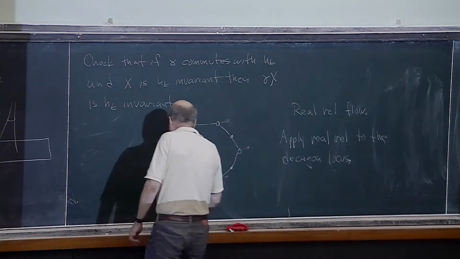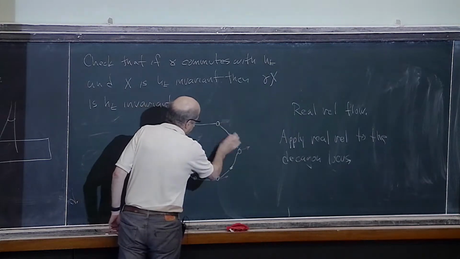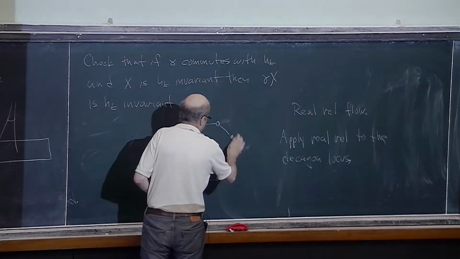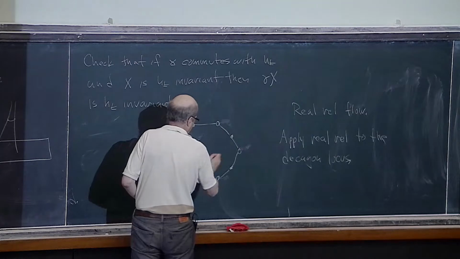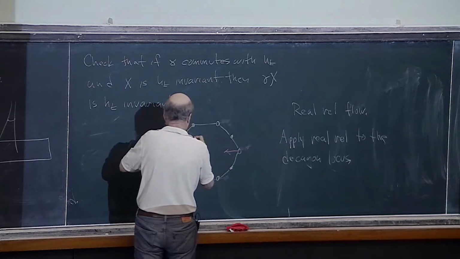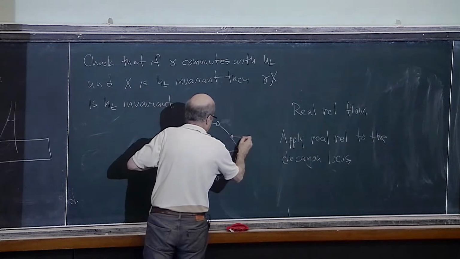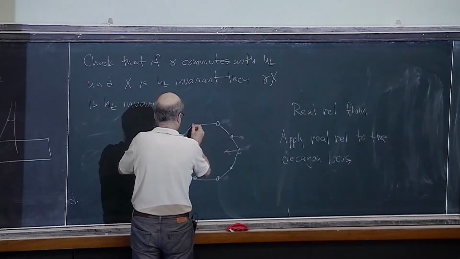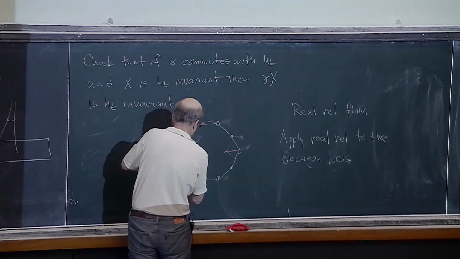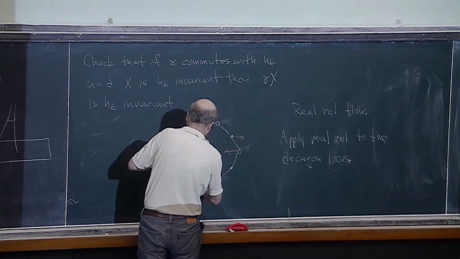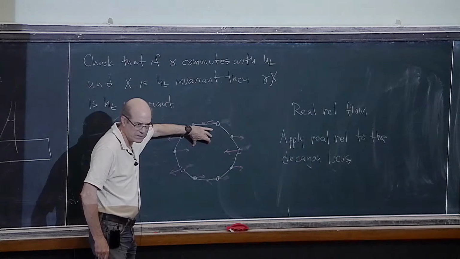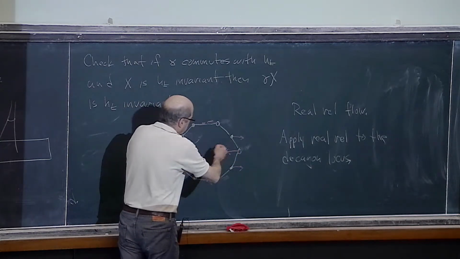If we move the white points in the horizontal direction, moving all points of the same type in the same direction, just a bit, and perform this real-rel operation to the decagon, you see that points collide.